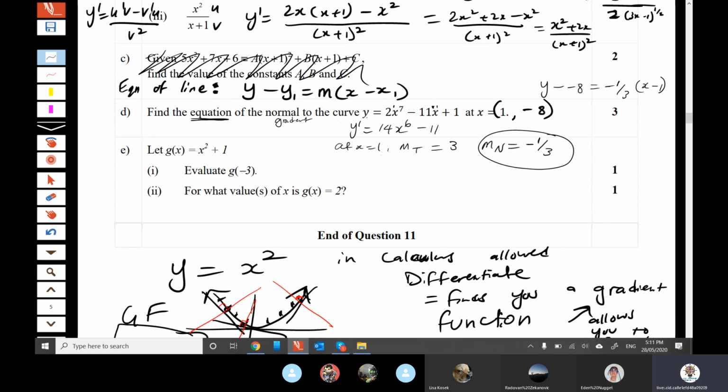If I already know x is 1 and not 0, I can do the exact same thing: just sub in 1. If I wanted it at negative 1, you'd sub in negative 1 and find the y value there. If I wanted it at a, you'd sub in a. You know what I mean? Which would literally be this whole thing just with a's.